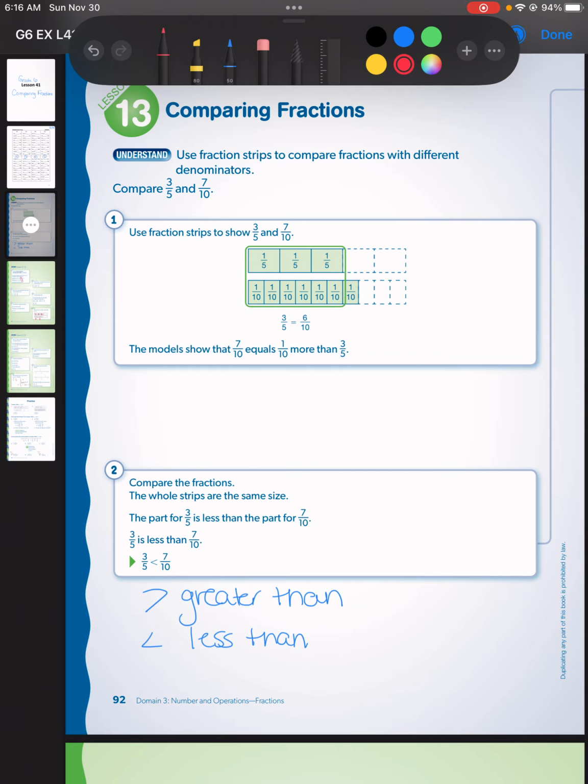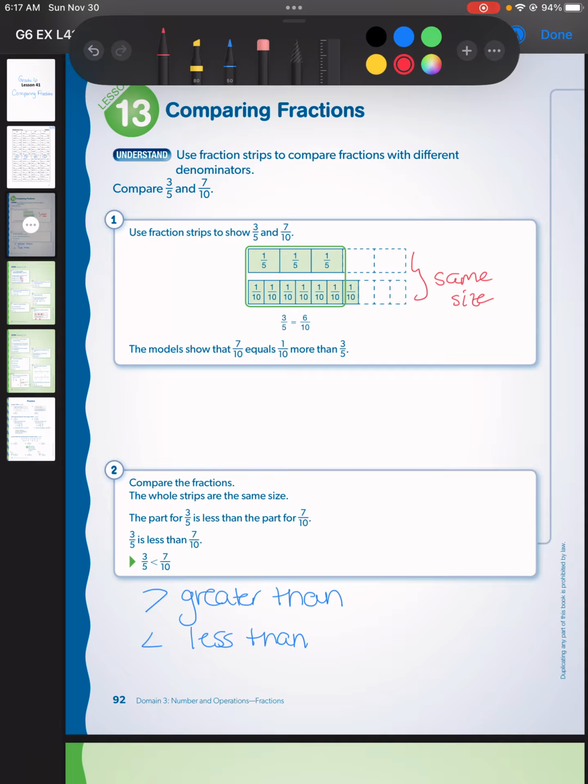You want to point out two things to students. One, that the whole strip is exactly the same size. So notice here that it's the same size. And two, that they're stacked on top of each other to make comparing much easier.